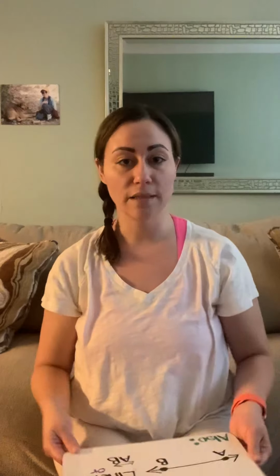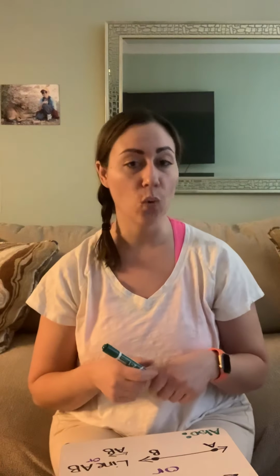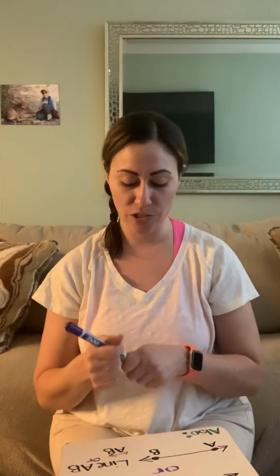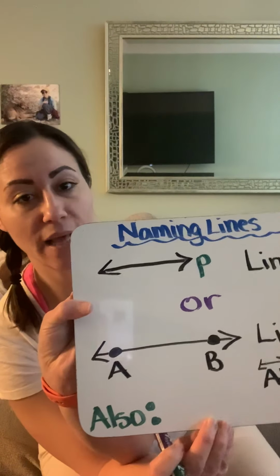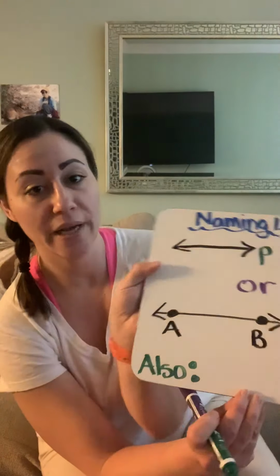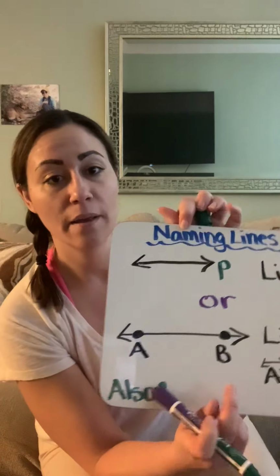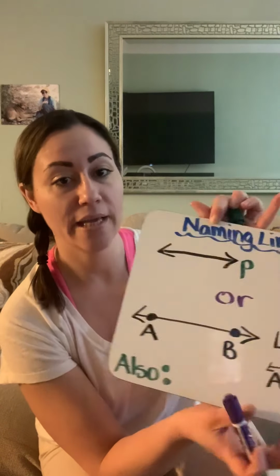Also, since lines go indefinitely in both directions, it doesn't matter what order you write the letters. Let me show you what I mean. Right here, we have the line AB, but it could also be BA. It doesn't matter which order I write them in.